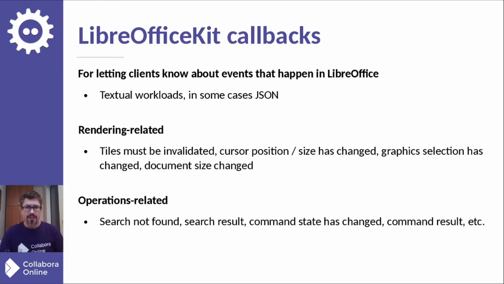Then of course there are rendering related callbacks. For example, when there is an invalidation, that means something changed in the document, you would like to know about that. You also would like to know about the position of the cursor, that it has changed, or if there were some graphic selections, because what we are using in Collabora Online is that we render lots of these things that are happening in the LibreOffice core in the client.